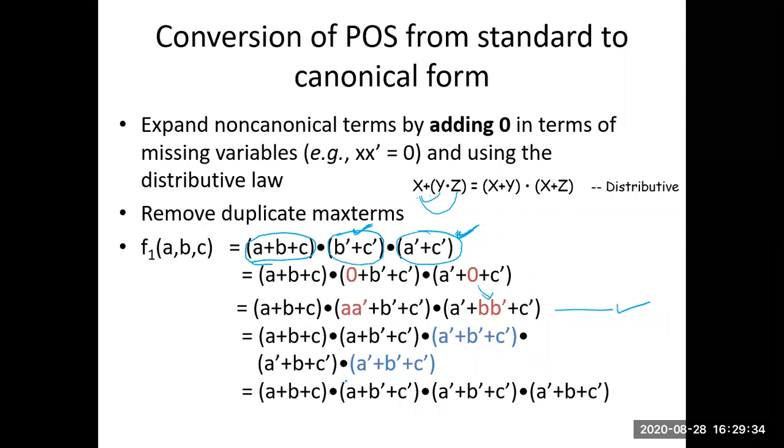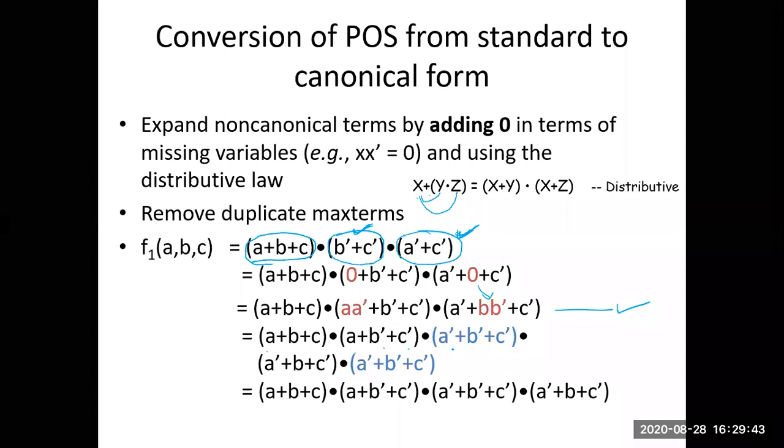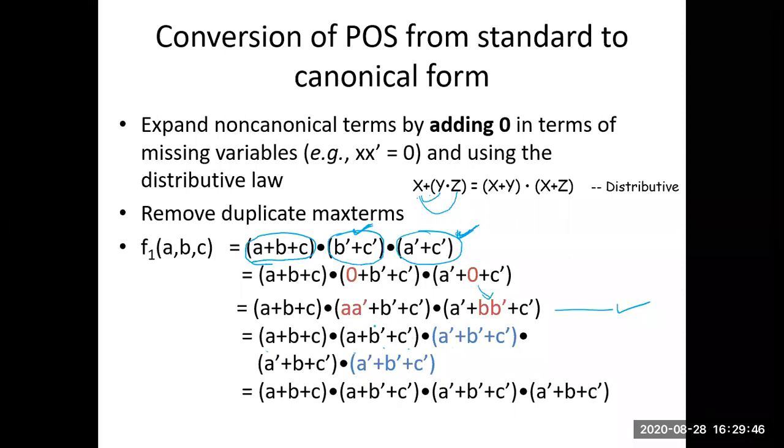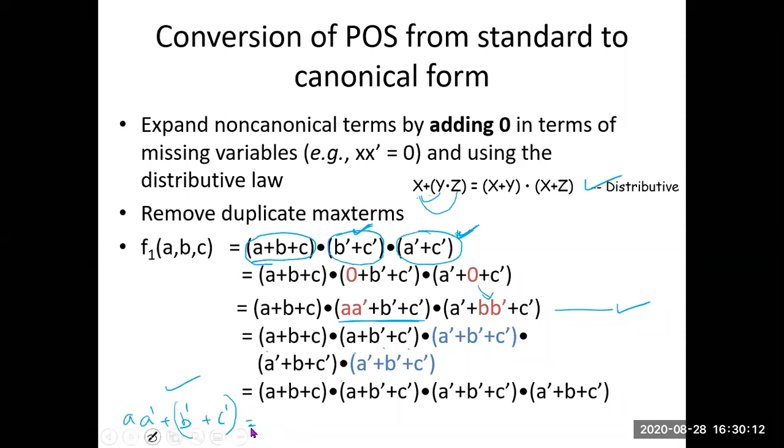After writing the same thing, you will get A plus B plus C, and here you will get A plus B bar plus C bar, and the A bar plus B bar plus C bar term. If you have any confusion, I'm breaking this one down. Concentrate on this expression, I can take one bracket here. Now match these two expressions.